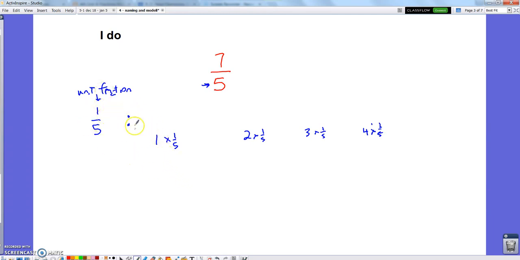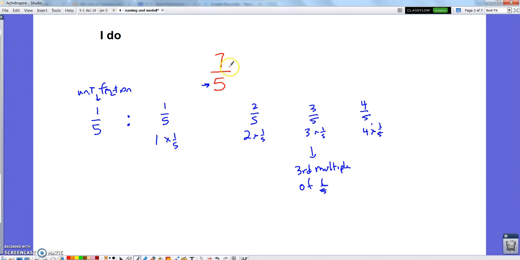And we spent a lot of time the last 3 days on strategies to do that. So 1 times 1/5 is 1/5. 2 times 1/5 is 2/5. 3 times 1/5 is 3/5. 4 times 1/5 is 4/5. And so on and so forth. So I can look at a number like 3/5, and I can say that's the third multiple of 1/5, if I wanted to say it like that.